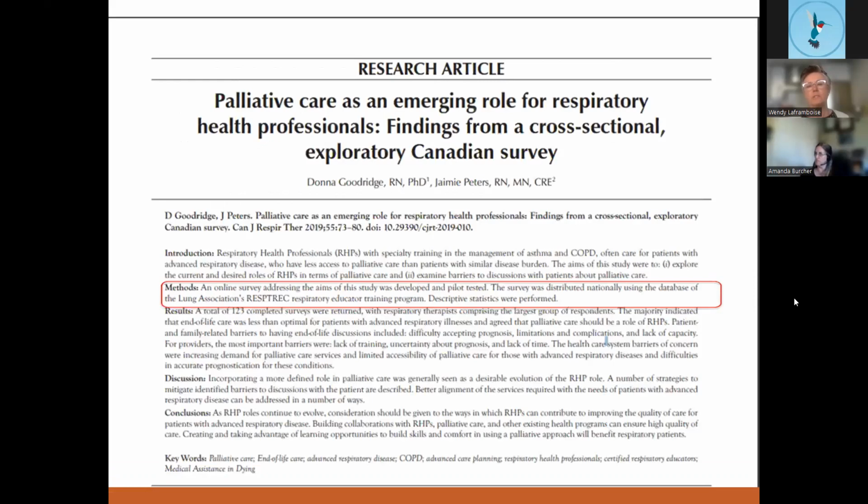This is an interesting cross-sectional exploratory Canadian survey through the Lung Association with an organization called RESPTREC. RESPTREC surveyed their certified respiratory educators, who could be nurses, respiratory therapists, or pharmacists, to learn what their knowledge around palliative care is.